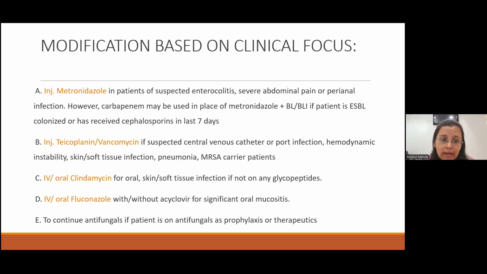Next is IV or oral clindamycin. When do we add it? If there is any skin or soft tissue infection, or any mucositis, we add IV or oral clindamycin. And fluconazole is for significant oral mucositis where we suspect a candida infection.